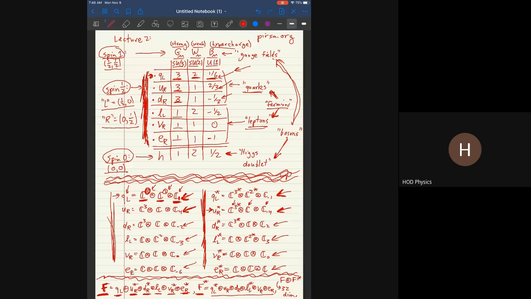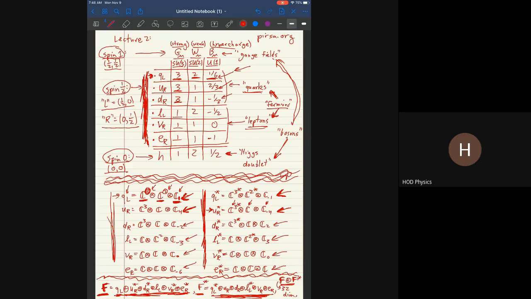Anyway, if you add up all of these, you get a 16 complex dimensional vector space, and here you get another 16 complex dimensional vector space. So if you take the sum F plus F star, you'll see that's a 32 dimensional complex vector space, and that is the vector space of a single generation of standard model fermions.